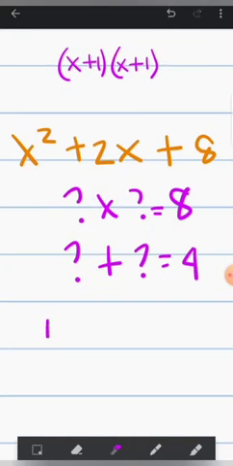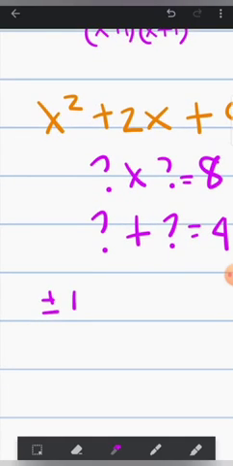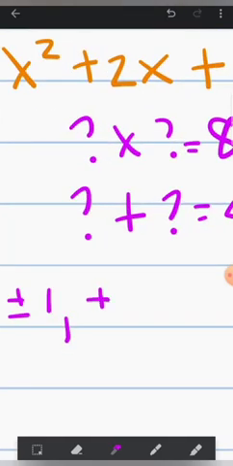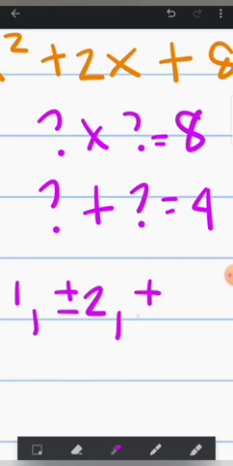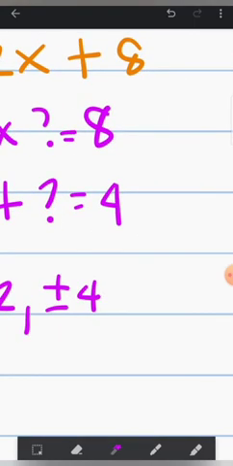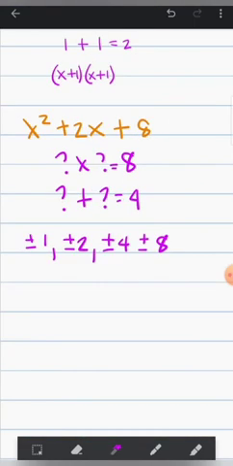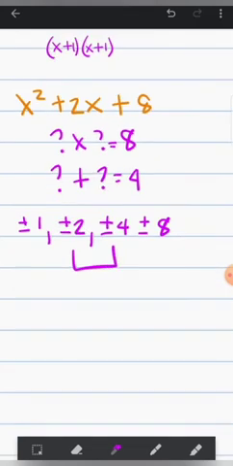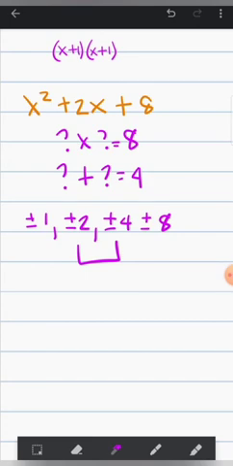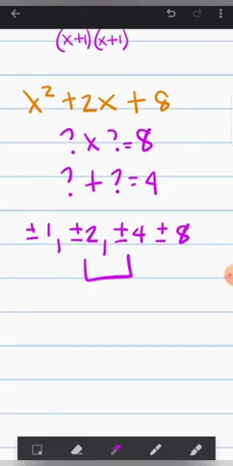Let's begin with 1, positive, negative 1. These are the factors of 8. So positive, negative 1, positive, negative 2, positive, negative 4, and then positive, negative 8. If we multiply 2 and 4, we'll get 8. And so, what will be the operation?